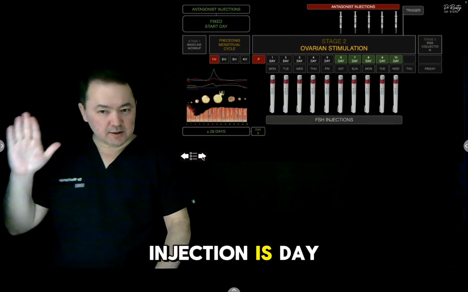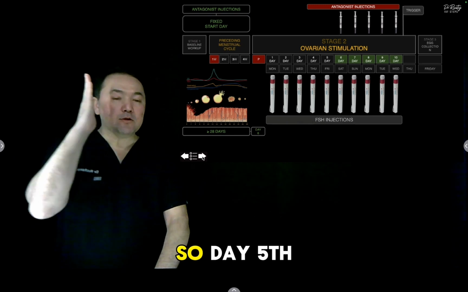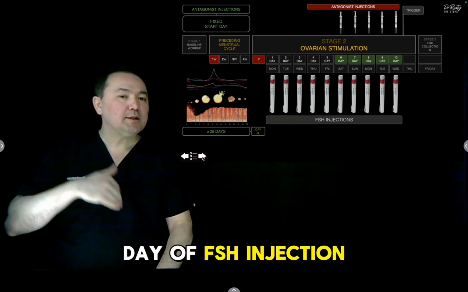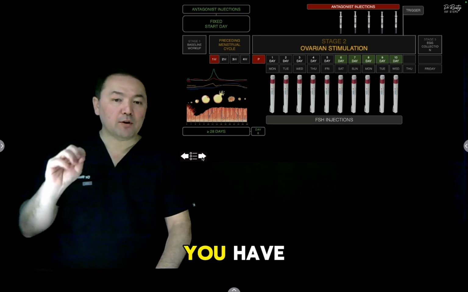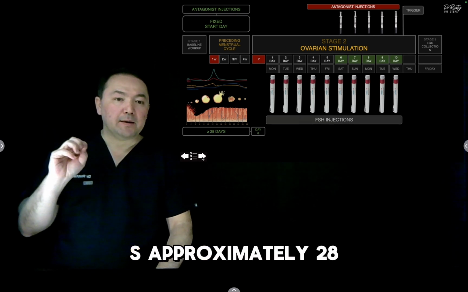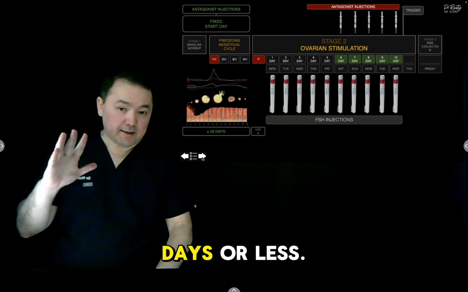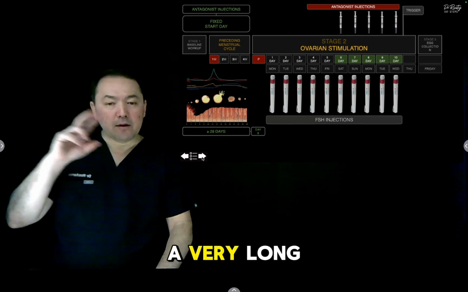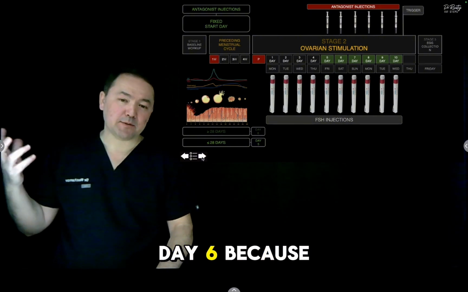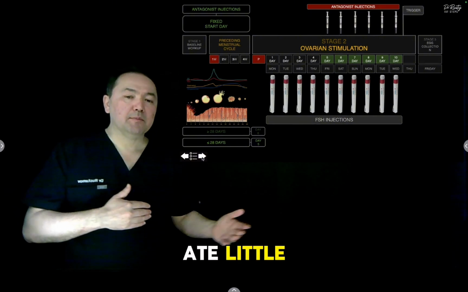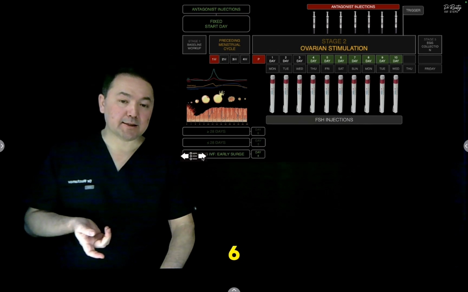Normally you start antagonist injections if your cycle is approximately 28 days or less. If you have a very long cycle, more than 28 days, you start on day 6, because you ovulate a little bit later. It's safe to start on day 6.